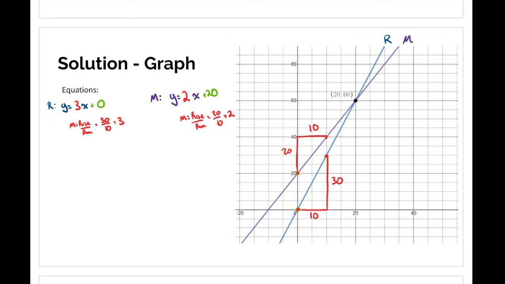In this case, cheaper means it's the lower line. So if we look at our blue line, or Radical Island, we could say Radical Island is cheaper, or it's the lower line, up to 20 rides.